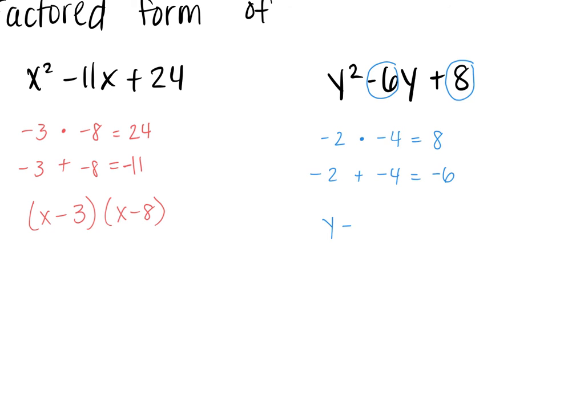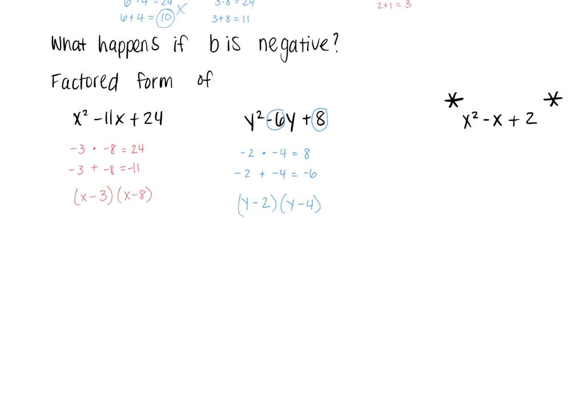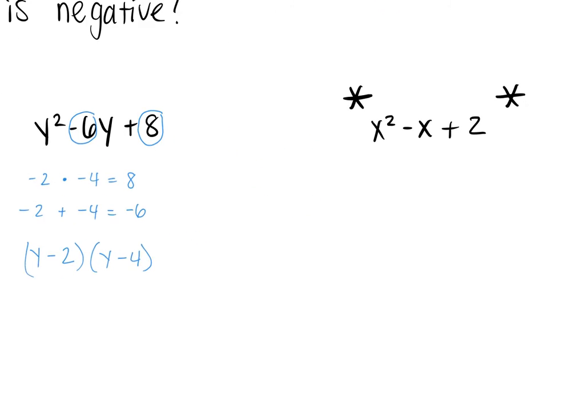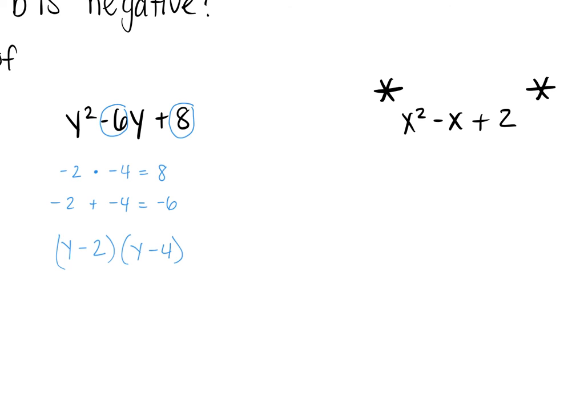But what did we use to get there? Oh, negative 4. Good. So y minus 2 times y minus 4. Good. Okay. Here's your tricky one.